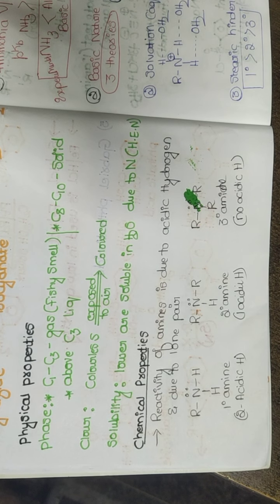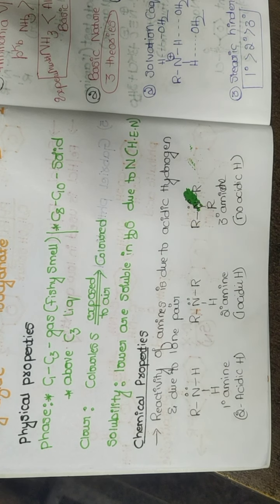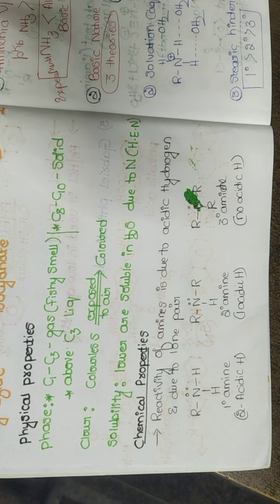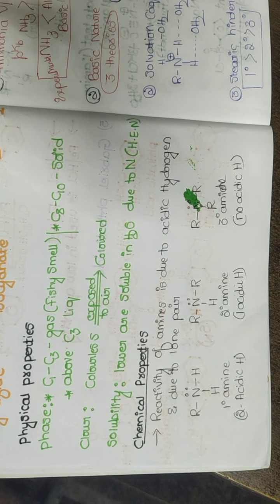Because the lower form has a lesser number of carbon atoms with the amine as a functional group, which has a nitrogen with high electronegativity. Therefore it has a tendency of forming hydrogen bonds with water, so they are soluble in water. But as the alkyl or R group chain keeps on increasing, the number of carbon atoms increases, so the tendency of forming hydrogen bonds will also reduce. Therefore they are insoluble in water.